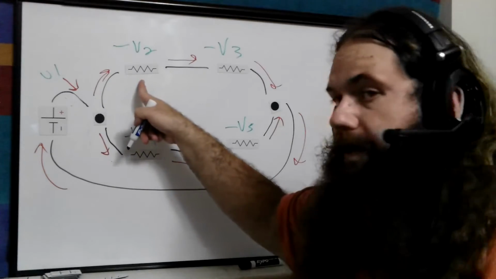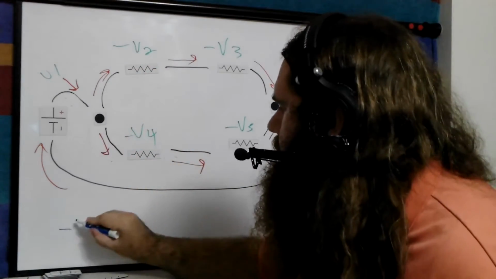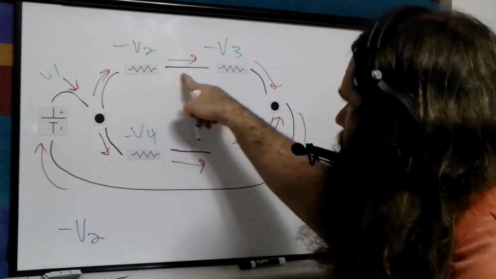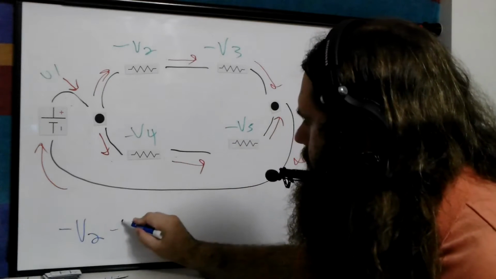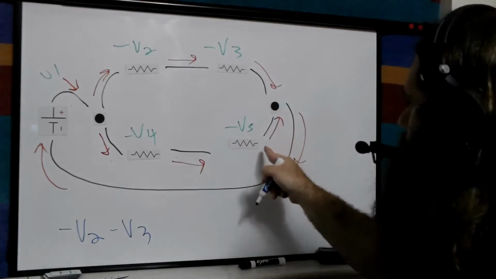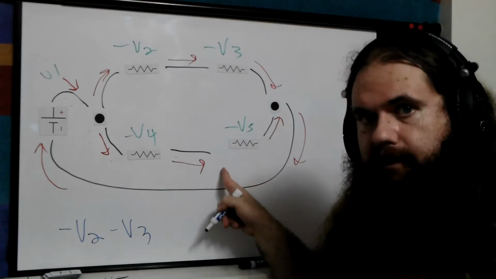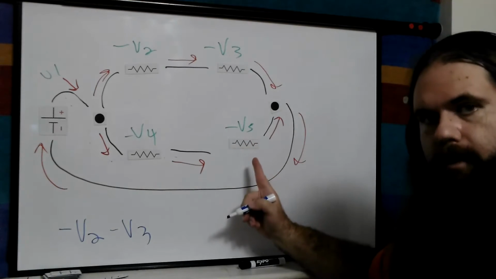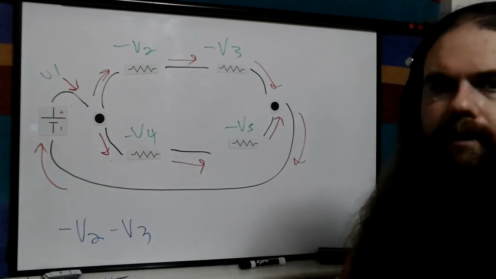So let's start here, go around, and end there. First we are going in the direction of the arrow. That means we take whatever we have written, minus V2. We are again going in the direction of the arrow, minus V3. Now we're going here, we're going backwards across the arrow. We're going against the arrow. So whatever we have here, we have to negate it and then add it in, or subtract it.